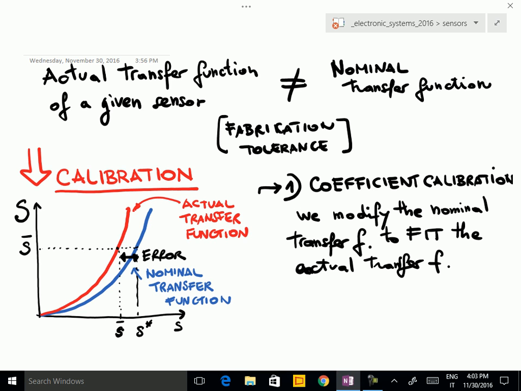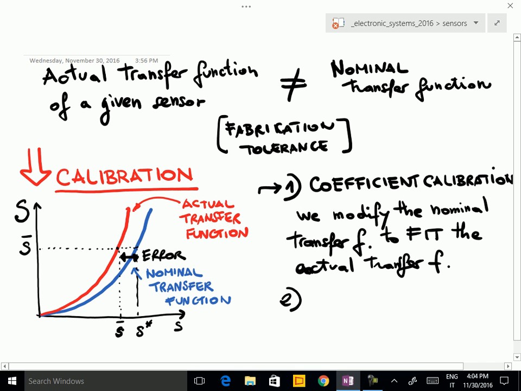And this is typically done commercially, because most sensors have in the electronics some non-volatile registers, memories, where we write the values of the coefficients. This is a very typical situation.